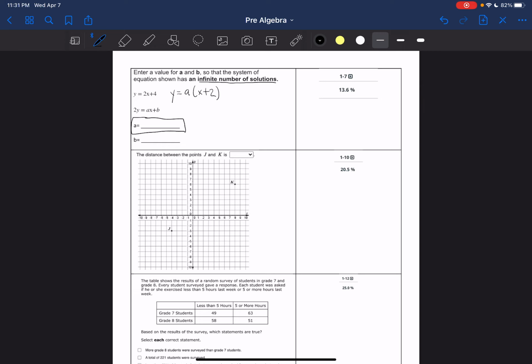Well, we've done problems similar to that before, and we could see that a should be a 2, so that way when I distribute it, that would end up giving me my 2x and 4, so they would both equal each other. So this is a new way that they might ask you to create an equation that would have an infinite number of solutions.